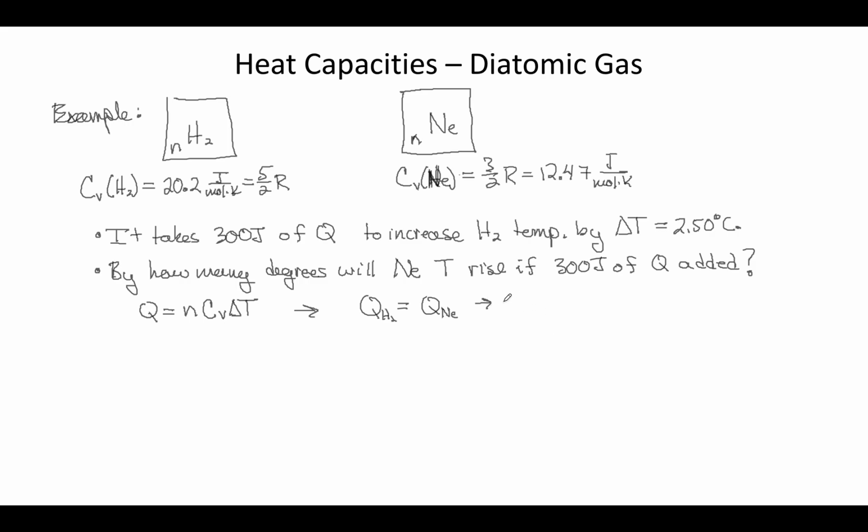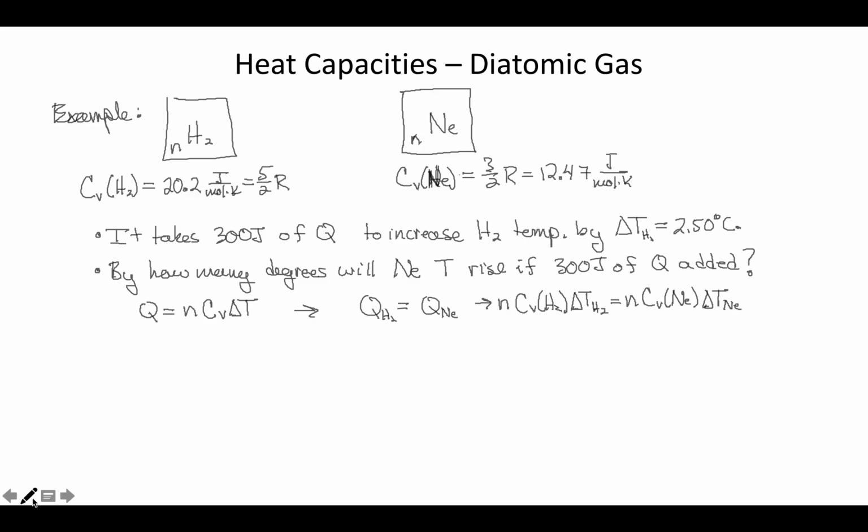We can express that as number of moles, C_V of H2, delta T of H2, which is 2.5 degrees, and that's equal to the n, specific heat at constant volume of neon, and the unknown delta temperature change of neon, right?